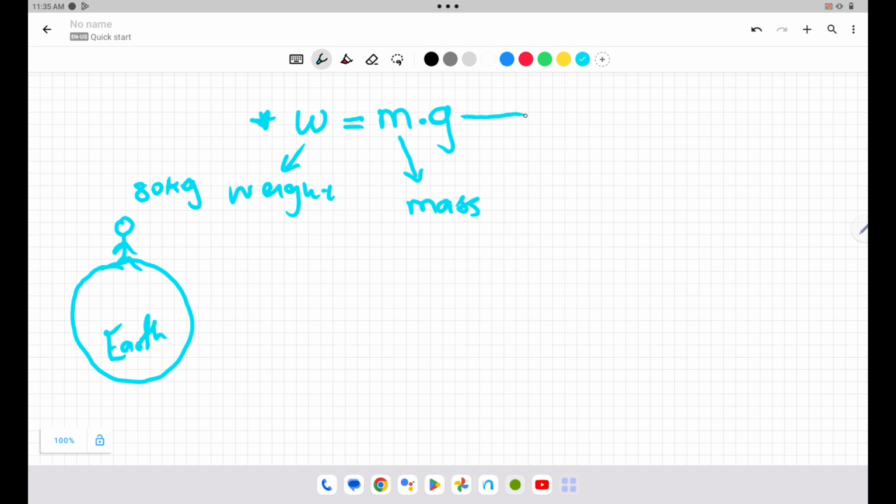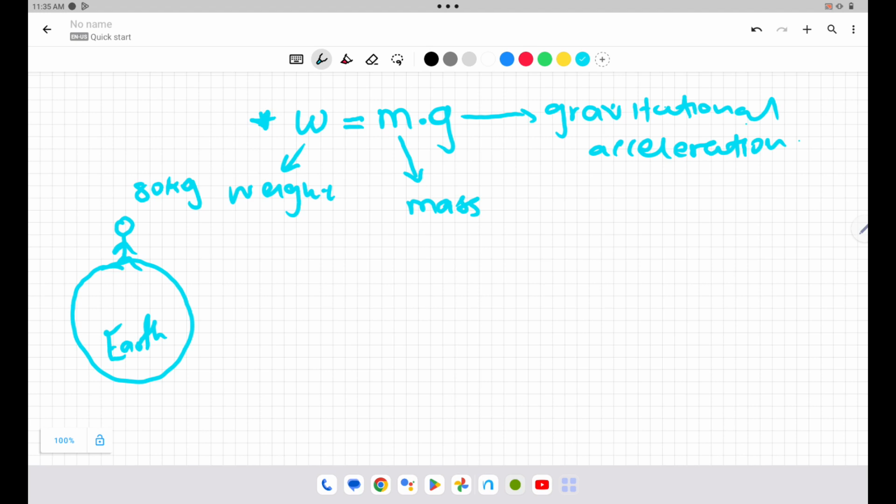And then your small g, that is for gravitational acceleration. What is important here is that this is acceleration. It just has a specific name. Gravitational acceleration, meaning acceleration due to gravity.